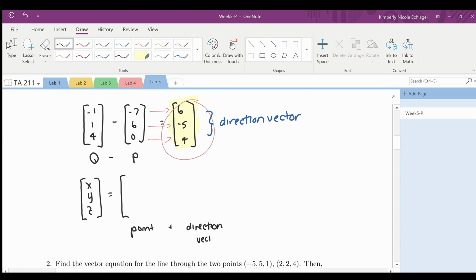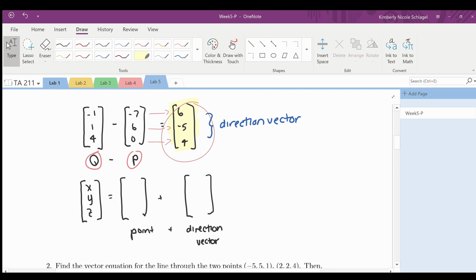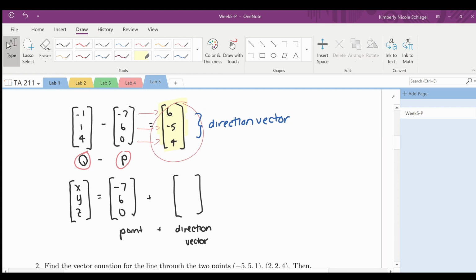As we just talked about, you need a point and a direction vector. At the point, you can either pick P or Q here. It doesn't really matter. In this case, I will just pick P. So a point on our line, and then our direction vector that we found is 6, -5, and 4.